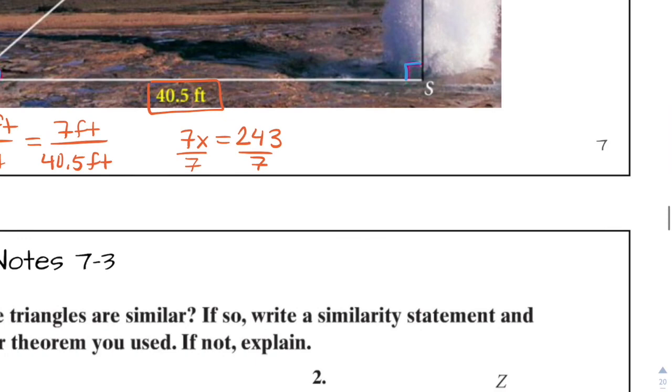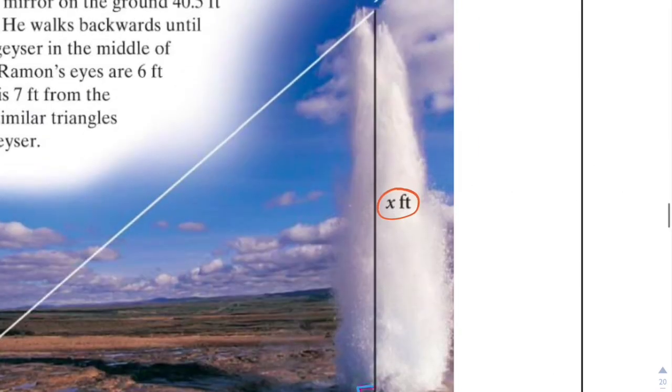x is approximately 34.71. We're going to leave it at 34.7 feet. So we're going to say the height of the geyser is about 34.7 feet.